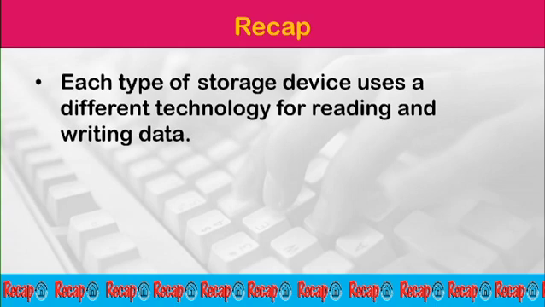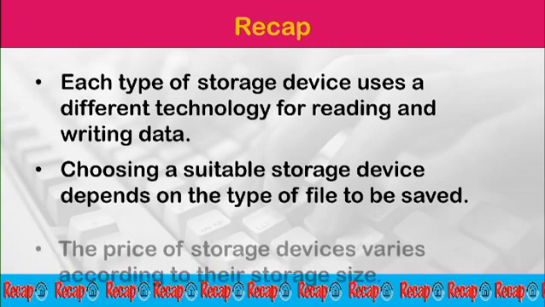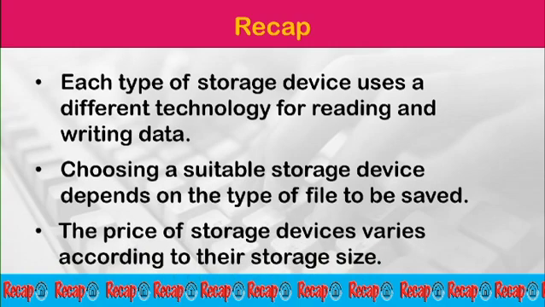Each type of storage device uses a different technology for reading and writing data. Choosing a suitable storage device depends on the type of file to be saved. The price of storage devices varies according to their storage size.